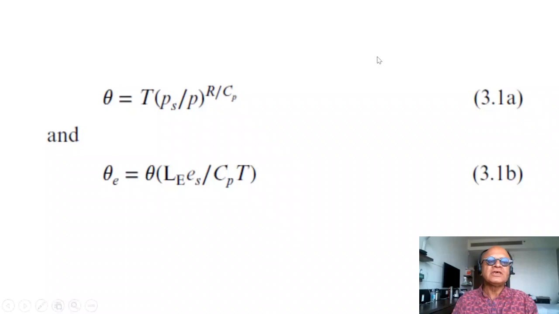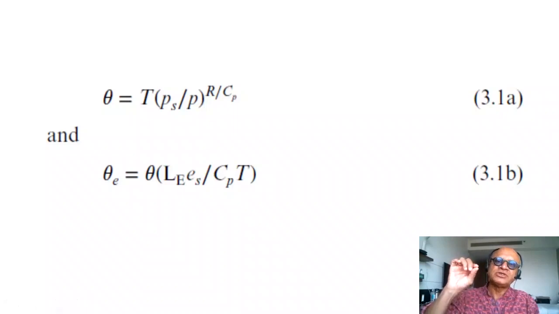Let's start with the simplest expression we had of the potential temperature, which is by definition just the temperature a parcel of air would reach when it's moved adiabatically to a reference pressure, let's say at the surface.